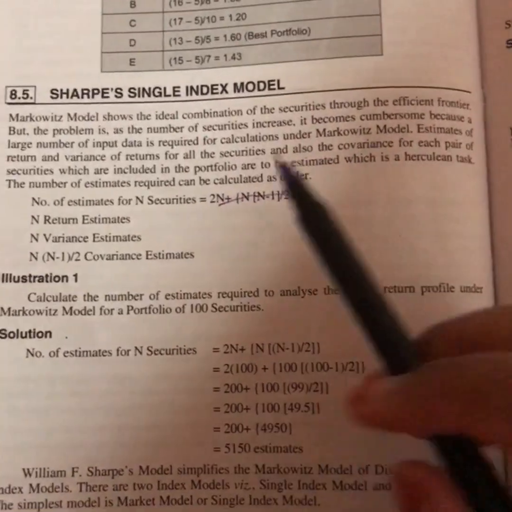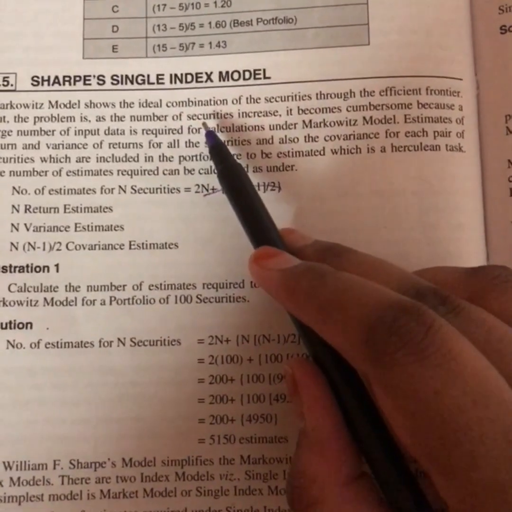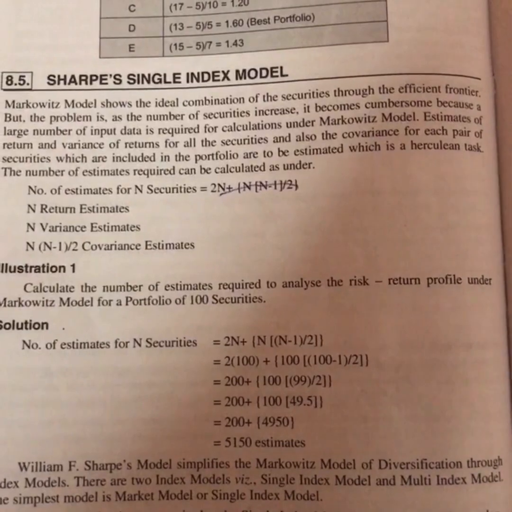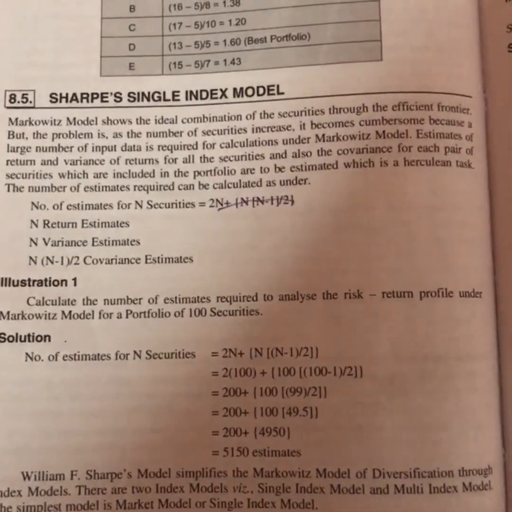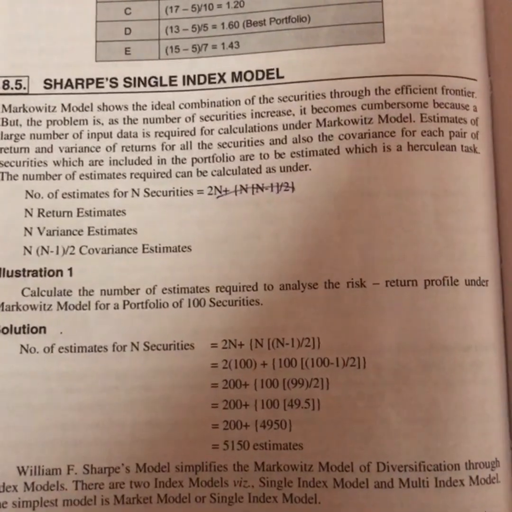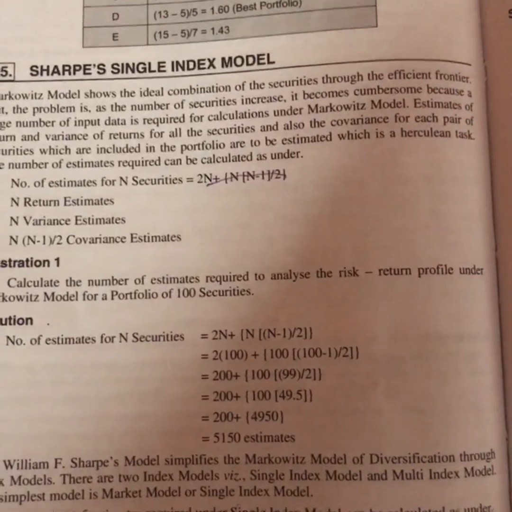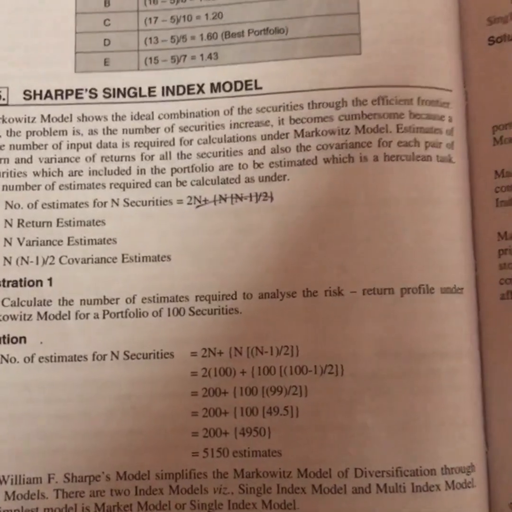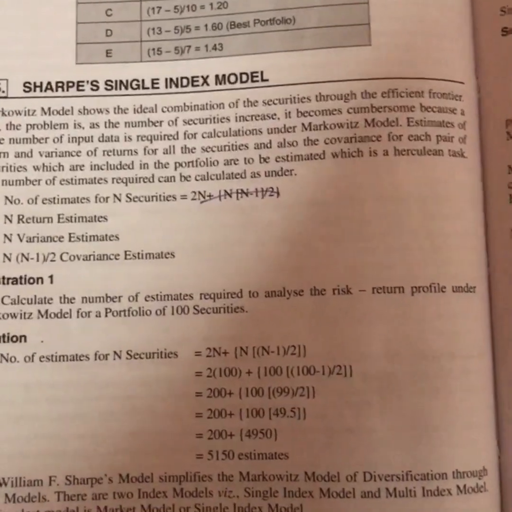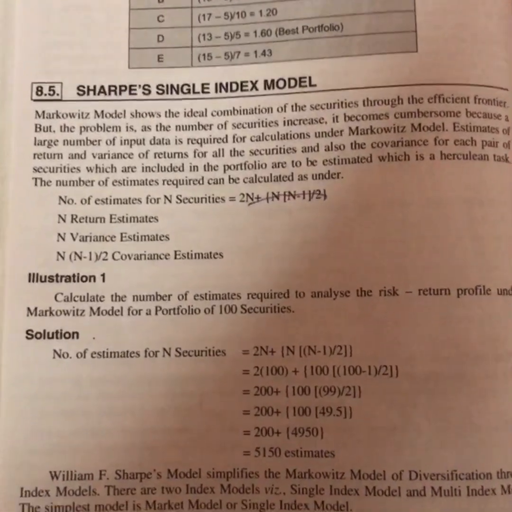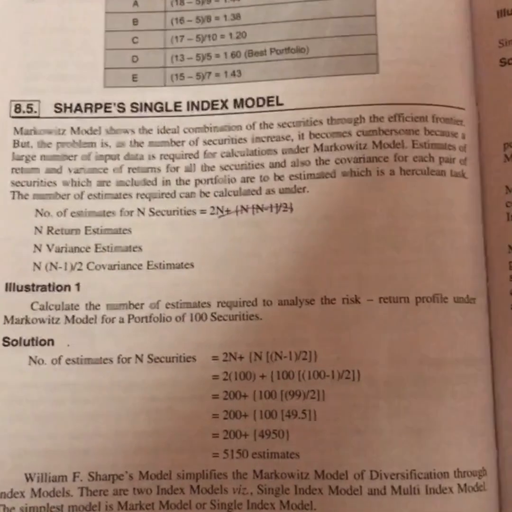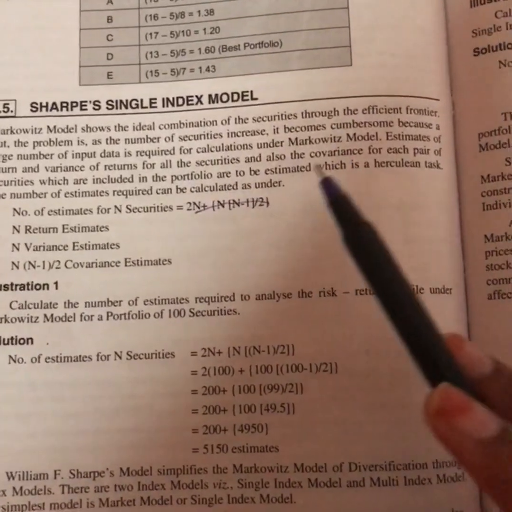That is the reason we call it a single index model. Here the individual security is a dependent variable, and the market index is an independent variable, because the individual security depends on the market index.